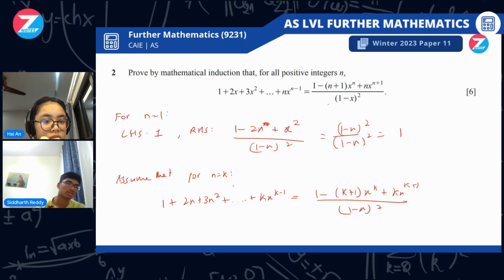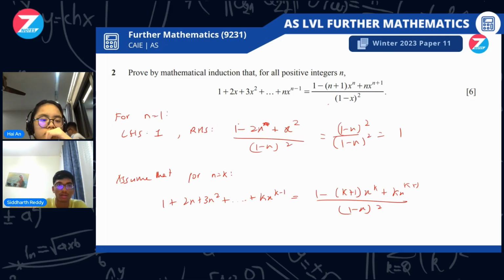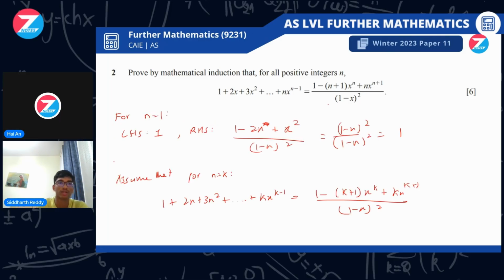Next we have to write the final case, which is for n equals k plus 1. Let's check for n equals k plus 1. Oh, by the way, over here we have to write: since LHS is equal to RHS, the statement is true for n equals 1.